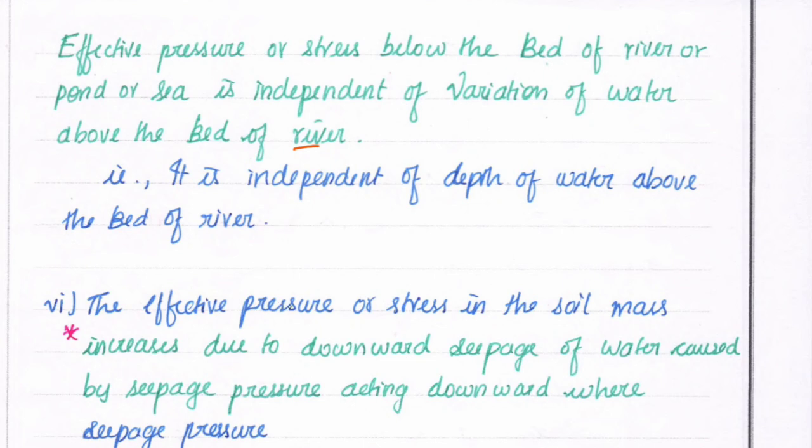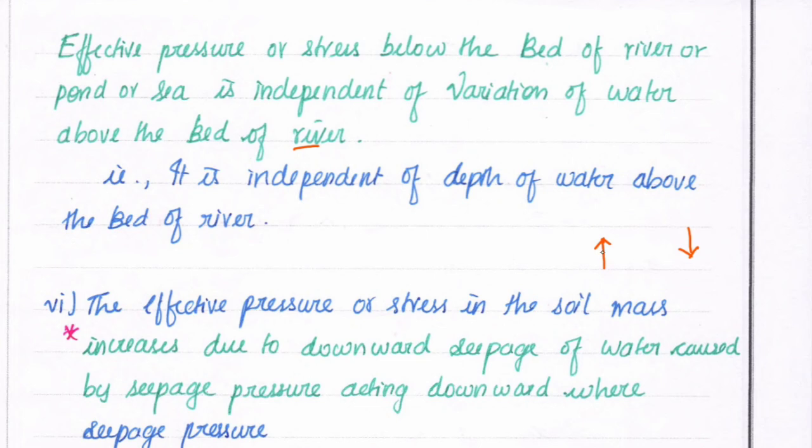Then the effective pressure or stress in the soil increases due to downward seepage. So if the downward seepage is there, the effective stress will increase, so there is no boiling condition and no quicksand condition will occur. If the seepage is in the upward direction, the effective stress becomes 0, and the quicksand condition will occur.